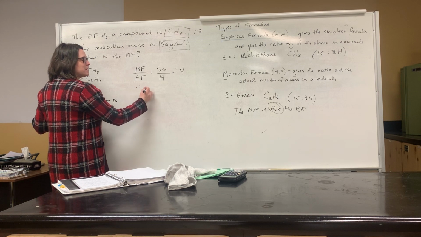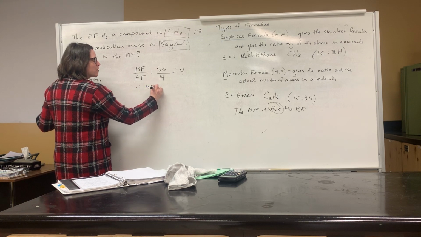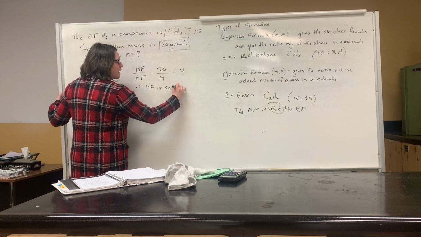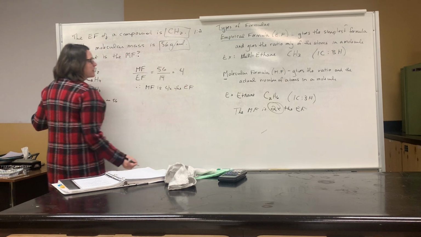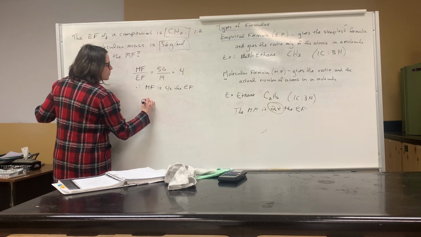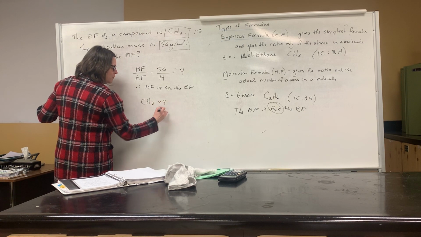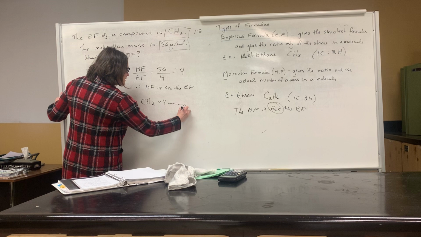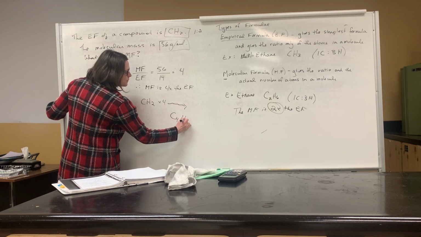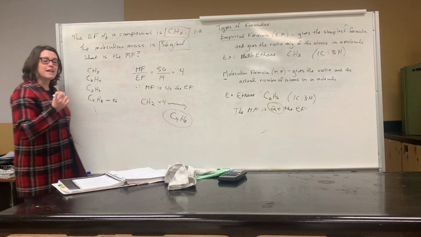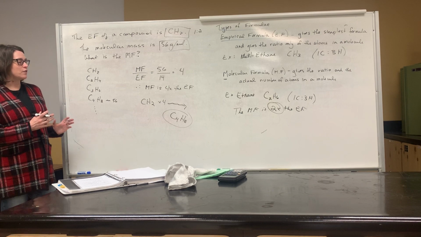And what that means is that the molecular formula is 4 times the empirical formula. Now, I know what the empirical formula was. It was CH2, so basically I'm going to multiply that by 4 to get C4H8. And that is going to be my molecular formula.